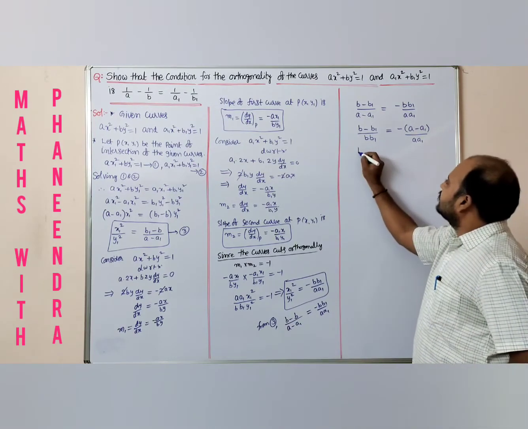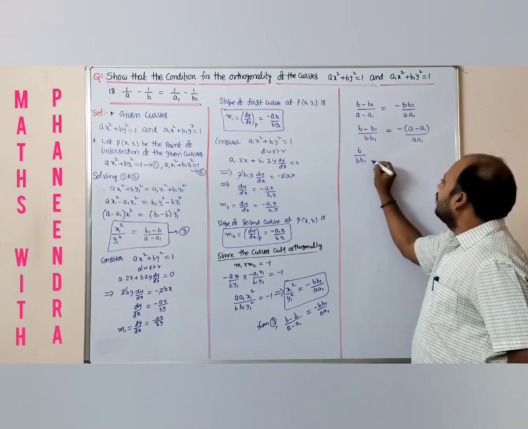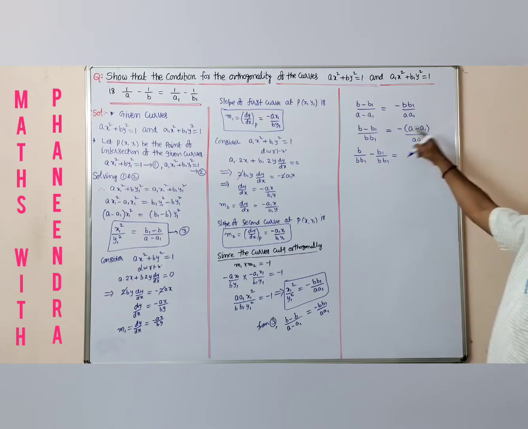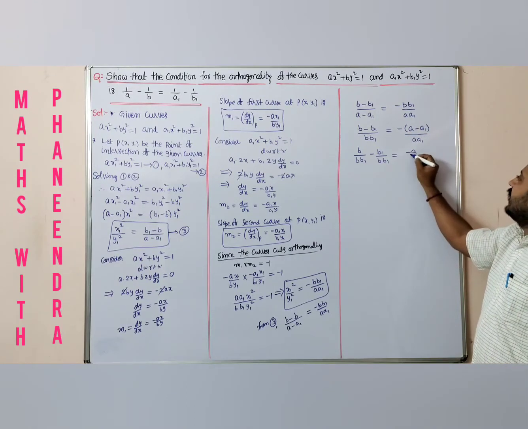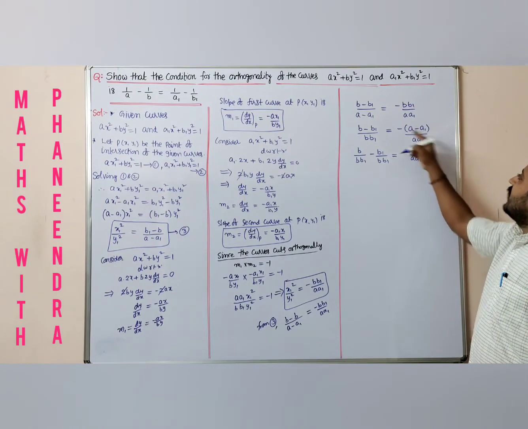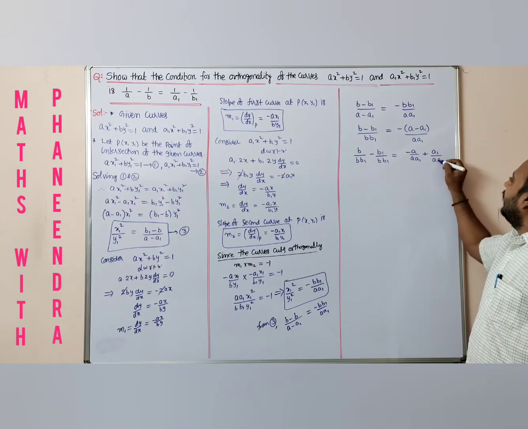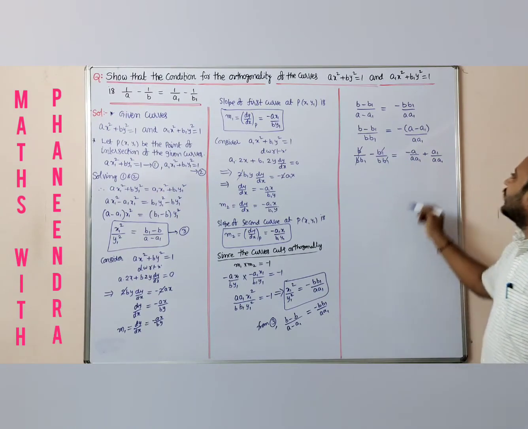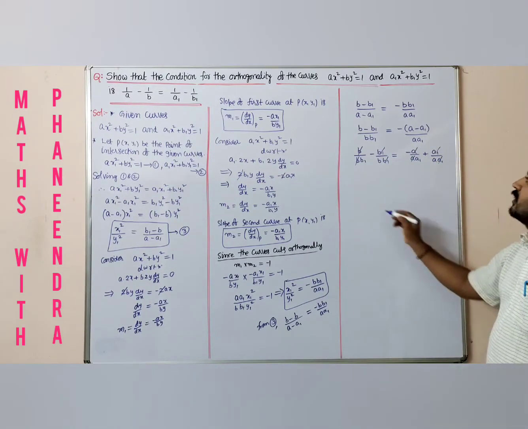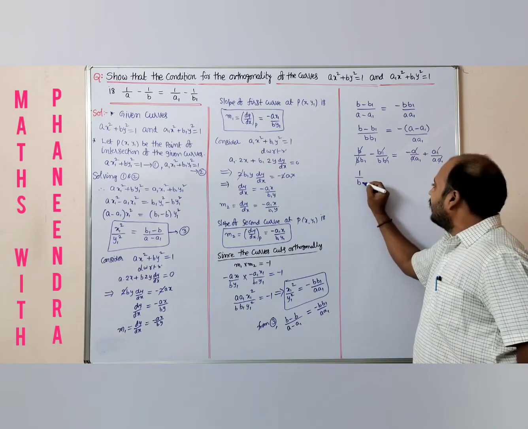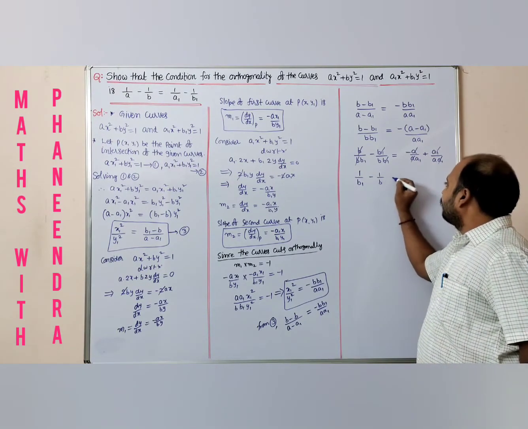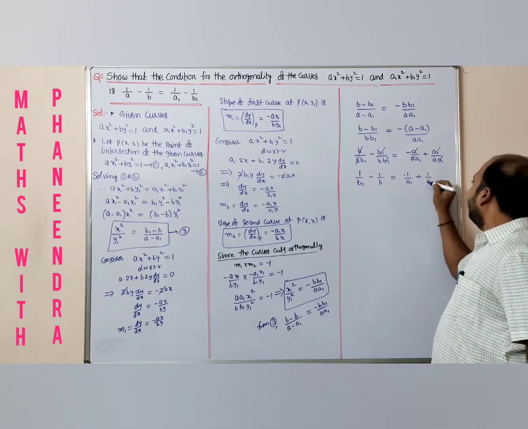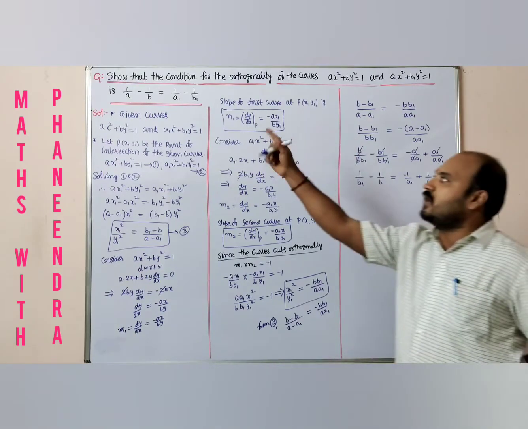Now split into terms, b by b1 minus b1 by b1 equals minus a by a1 minus into minus plus a1 divided by a1. So here b gets cancelled, here b1 gets cancelled, here a, here a1. So the rest of the terms: 1 by b1 minus 1 by b is equal to minus 1 by a1 plus 1 by a. But I want to show 1 by a minus 1 by b.